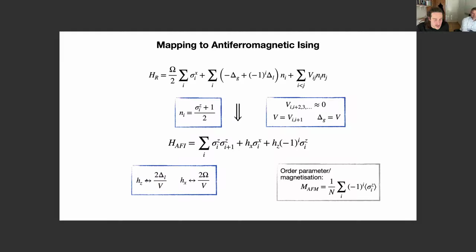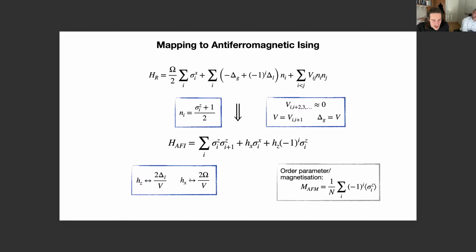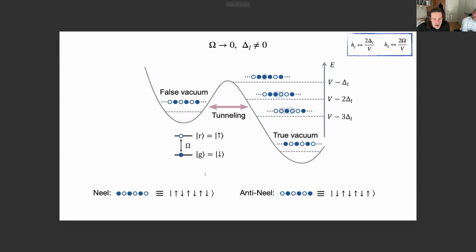So the longitudinal field will be identified with the local detuning, and the transverse field with the Rabi frequency. And now again, we have the picture that I showed before. So this is completely analogous to what I showed before.